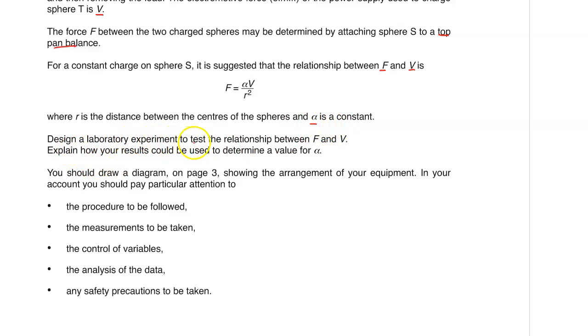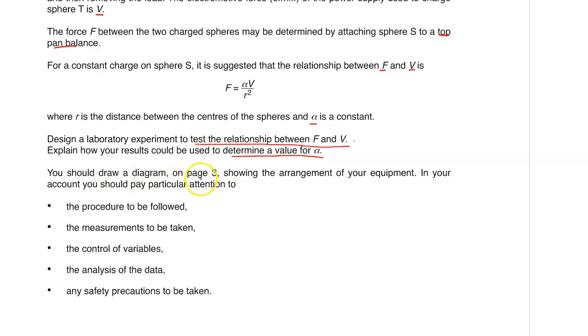Design a laboratory experiment to test the relationship. We are testing the relation between F and V. Explain how your results could be used to determine alpha. Those are the two key things that we are supposed to be focusing on.